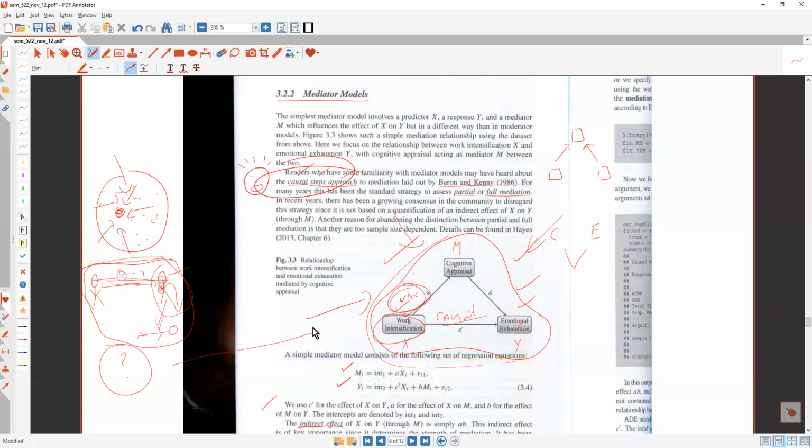Now, when you come here, what do we have? Work intensification: we have no evidence that it causes emotional exhaustion, not based on the statistics. So when you compute the model and you compute statistics on here, these statistics cannot be determining causation or any other action word. The statistics cannot determine the action words.